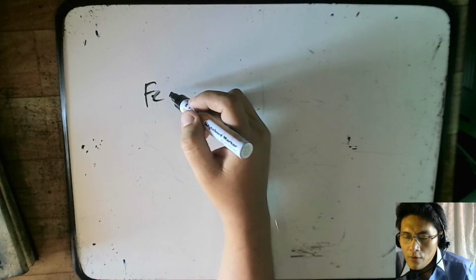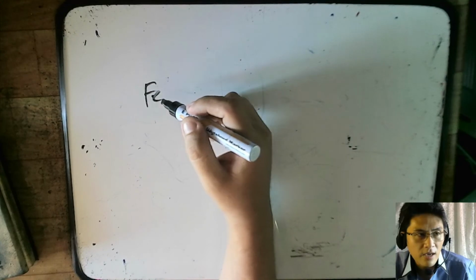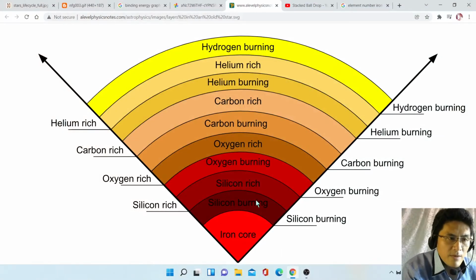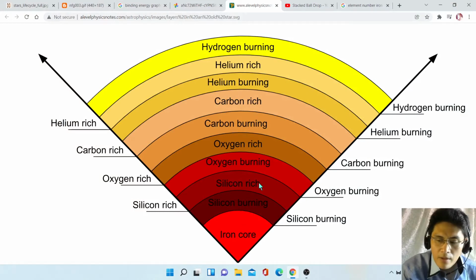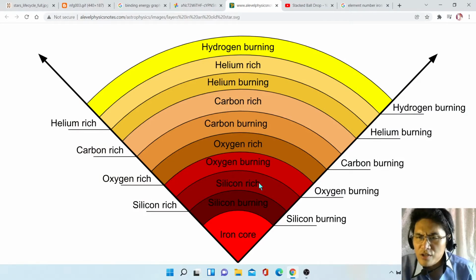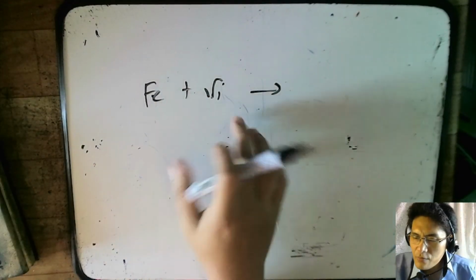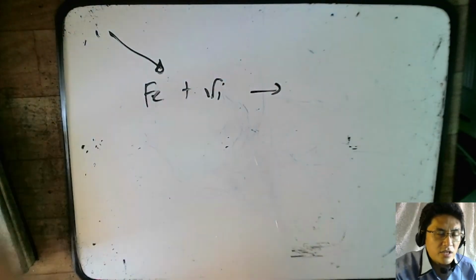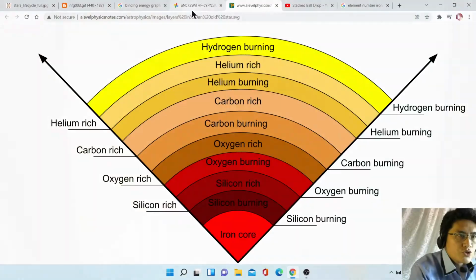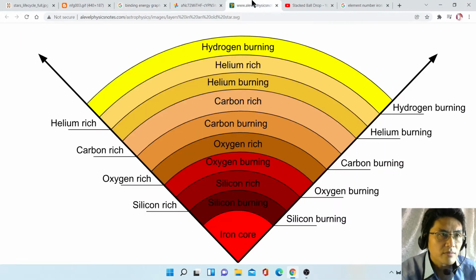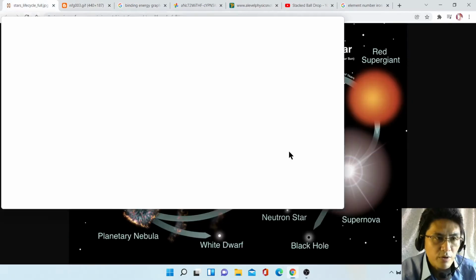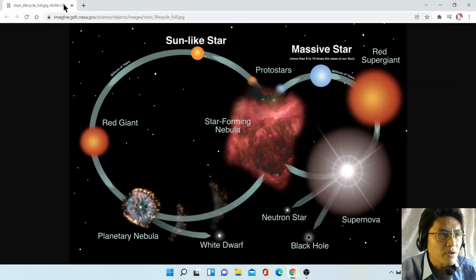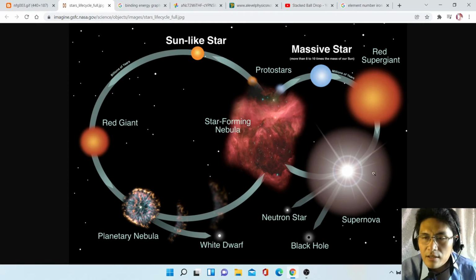So maybe if you look at this core, maybe silicon and oxygen, or iron and silicon, when fused together, obviously they will make a bigger element. Again, it requires a lot of energy. That energy is provided by the supernova explosion. Without that supernova explosion, you would never get elements higher than iron.